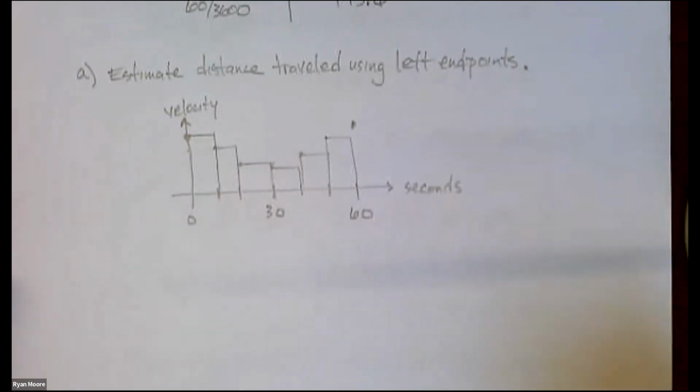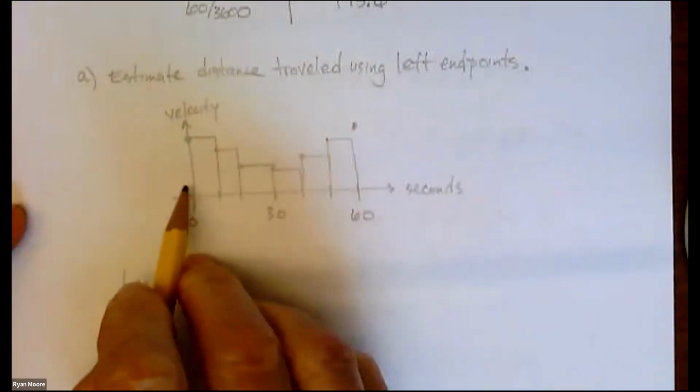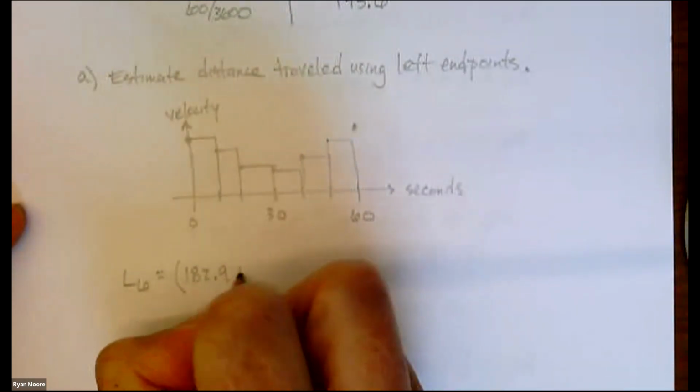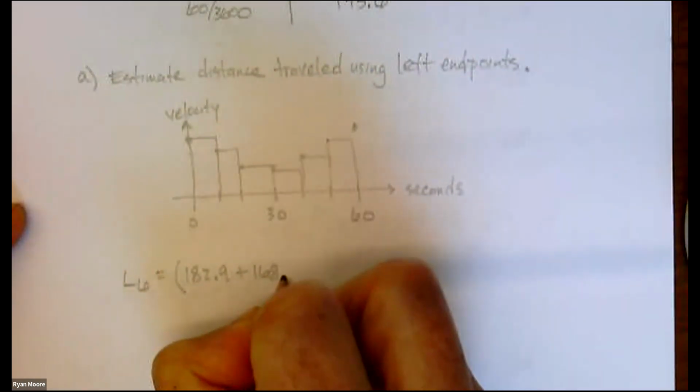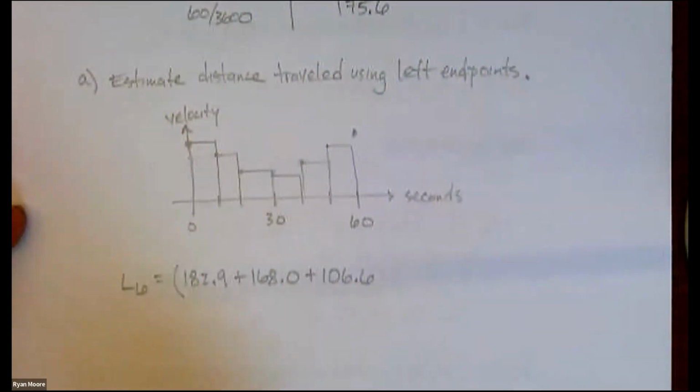So if we wanted to use left endpoints, we're going to call this L6. The height of the first rectangle, 182.9. The height of the second rectangle, 168.0. The third rectangle was 106.6.